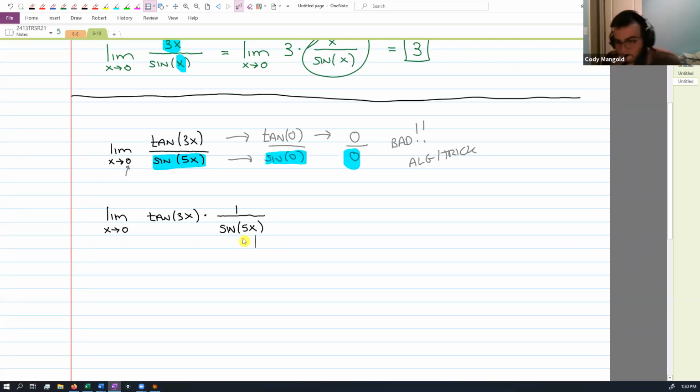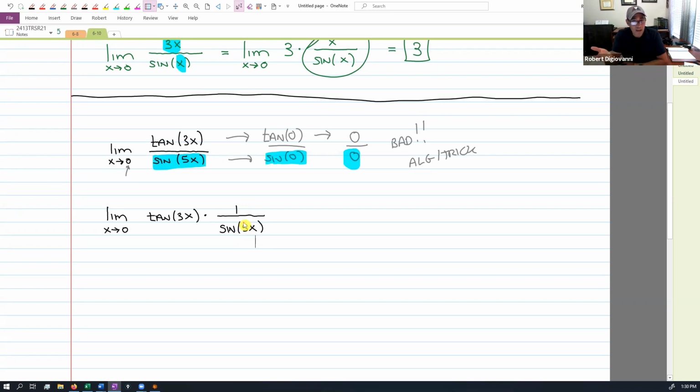Yes, sir. Now, what would it be really nice to have up there? A 5x, right? Wouldn't it be great if we had a 5x up there? Because if we had a 5x up here, it would then make this thing turn into a 1 when we take the limit. But there is no 5x up there.